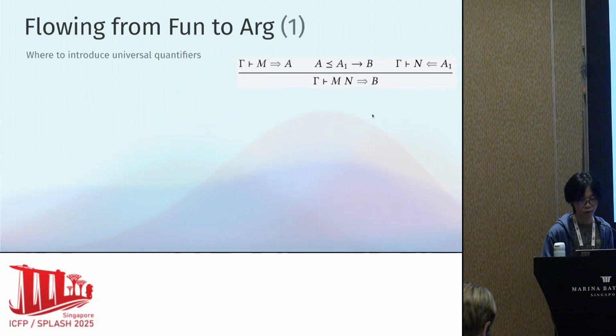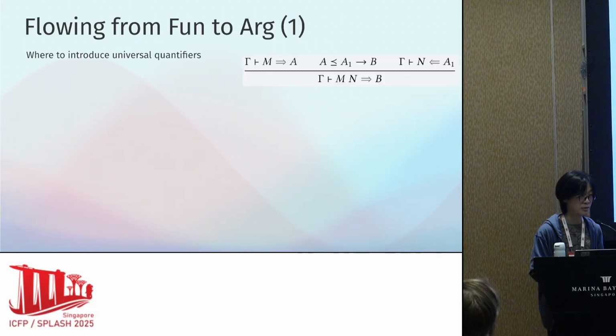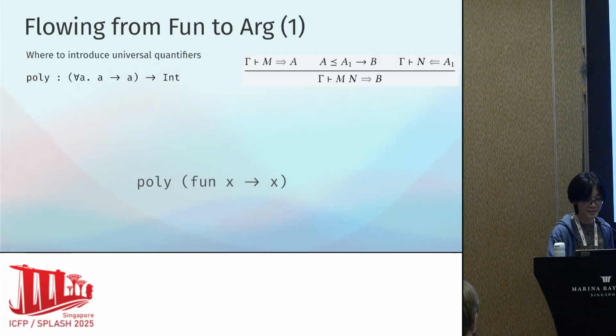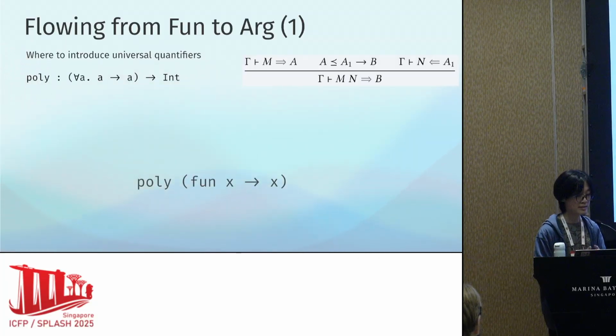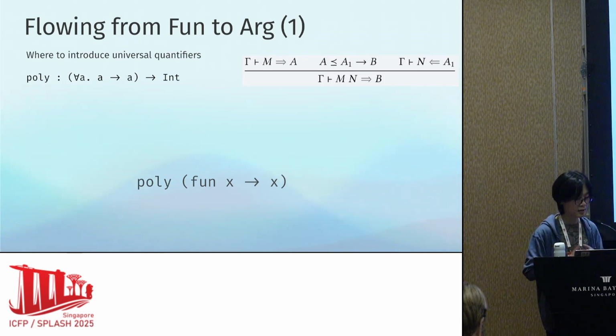As an example, we can use this information to know whether or not we should introduce some implicit quantifiers to the argument. Say we have a function poly which takes a polymorphic function and returns int, and we apply poly to fun x to x.